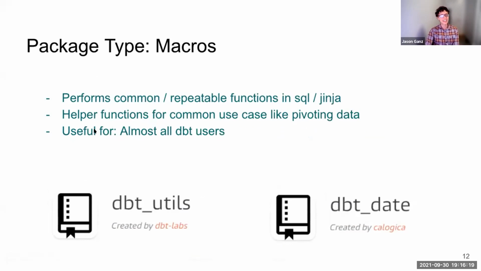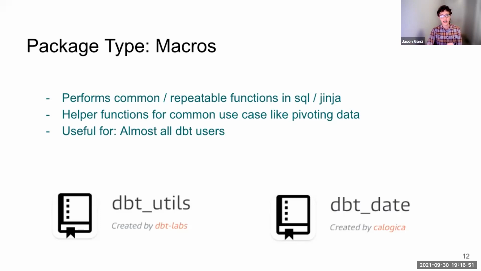The next, and this is probably the most used type of package because of dbt_utils, is macros. Macros are dbt functions that allow you to do common SQL transformations and save code in your project. So things like pivoting out a table in SQL or unioning together two different tables. Things that seem simple, but sometimes could be easier.